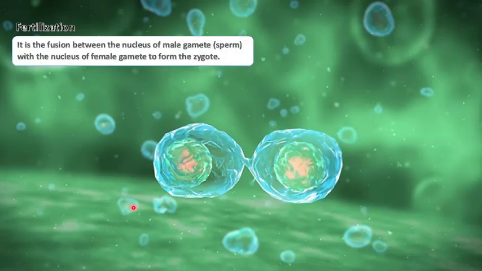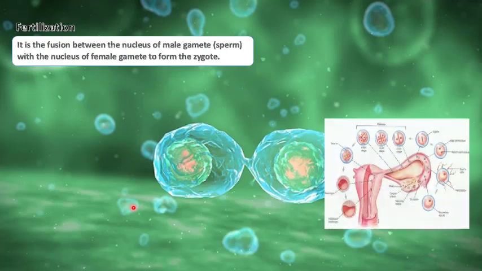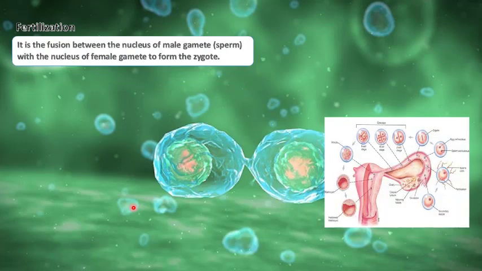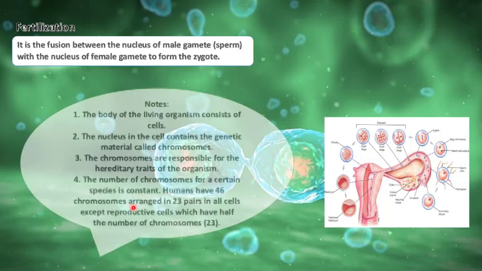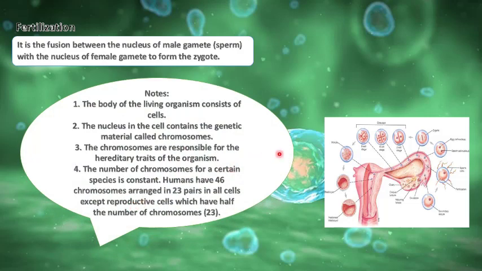Fertilization. It is the fusion between the nucleus of the male gamete, the sperm, with the nucleus of the female gamete to form a zygote. We have here some notes. Number 1, the body of the living organism consists of cells. Number 2, the nucleus in the cell contains the genetic material called chromosomes.